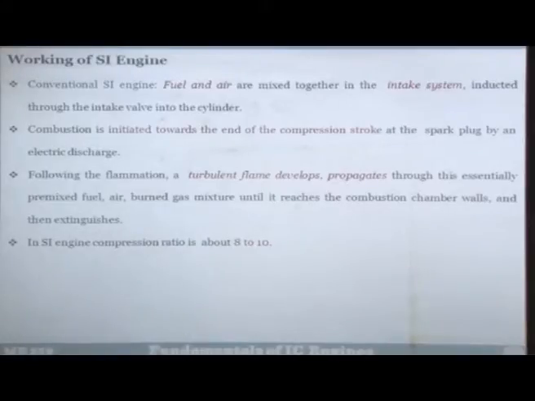Okay. And as soon as the temperature and pressure go up and you start reaching very close to the top dead center, you apply the spark, and when you apply the spark, what will happen? Combustion will happen. Okay. But does it happen immediately as soon as you apply the spark, or does it take some time? It does take some time. I will show you maybe a video in the next class.